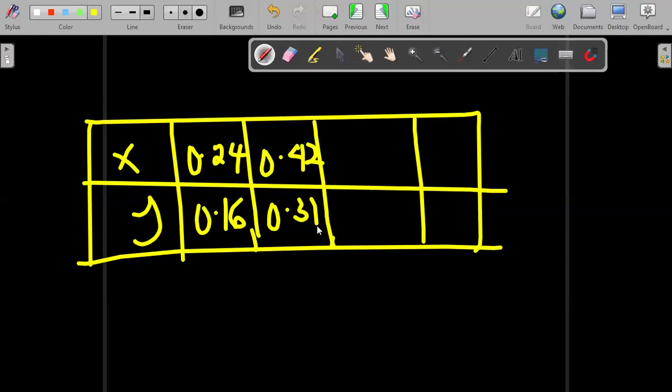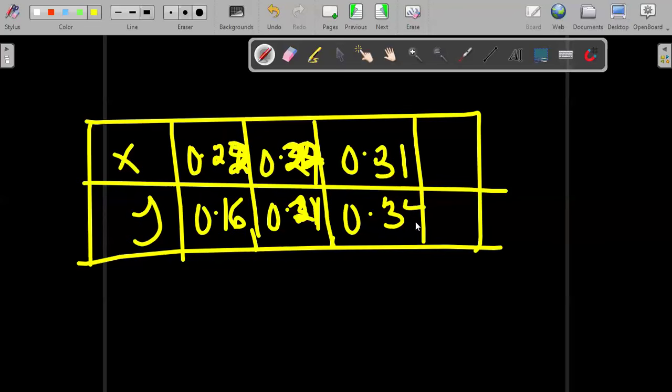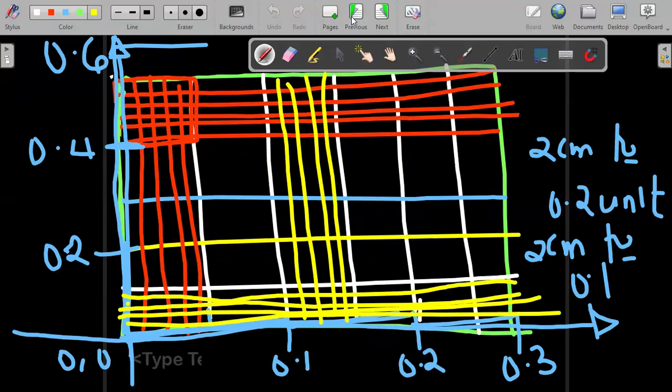Here you have 0.22, here 0.24. So let's increase it. Let me say here 0.31. Let me say here 0.21. Let me call it 0.34, for instance.